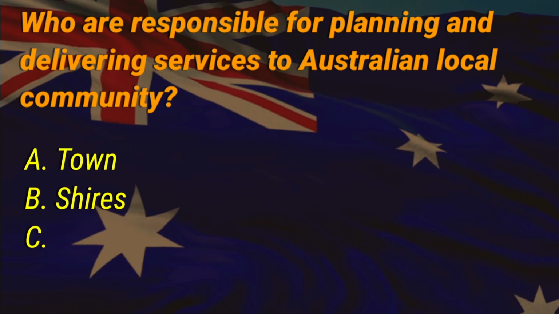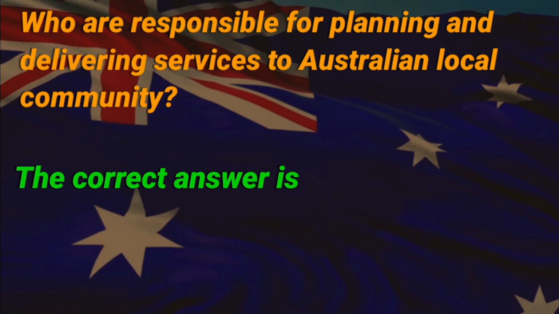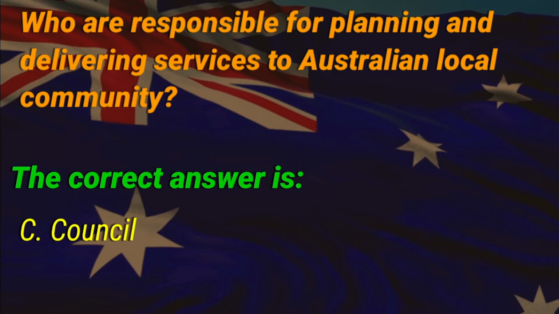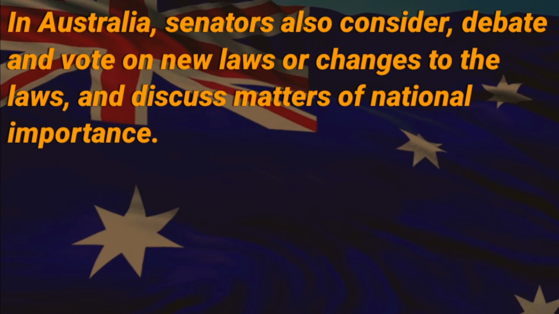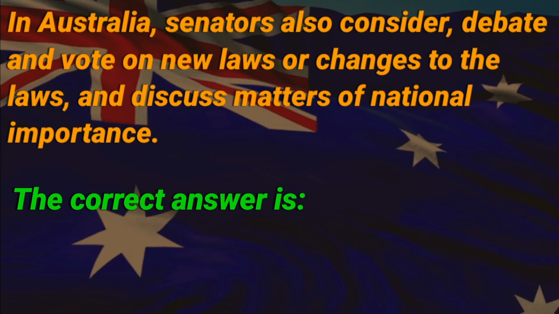A. Town. B. Shires. C. Council. The correct answer is C. Council. In Australia, senators also consider, debate and vote on new laws or changes to the laws and discuss matters of national importance. A. True. B. False. The correct answer is A.